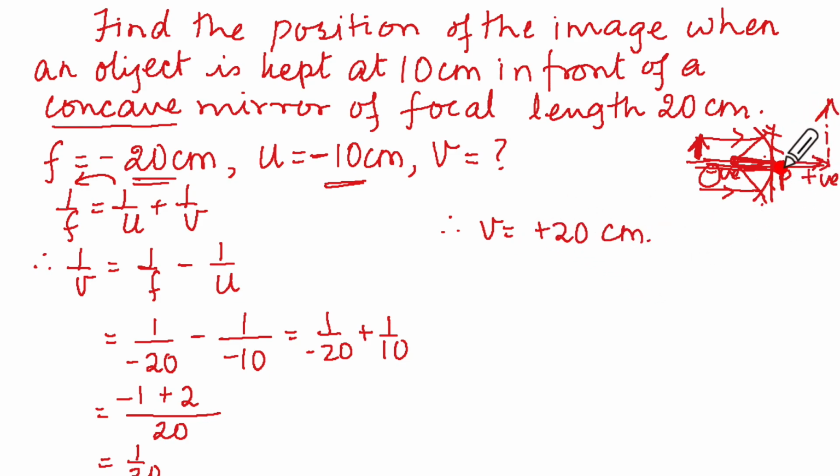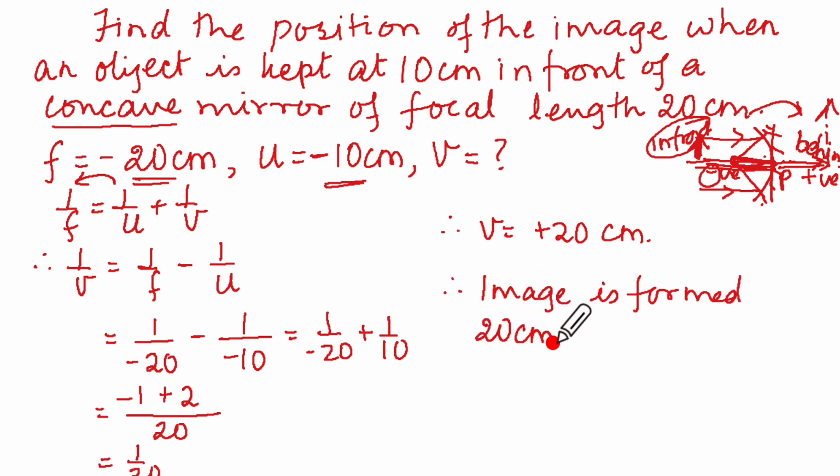The virtual image is on the right hand side, it is behind the mirror. This part is in front of the mirror and this part is called the part which is behind the mirror. Okay, so we'll say therefore image is formed 20 centimeter behind the mirror.